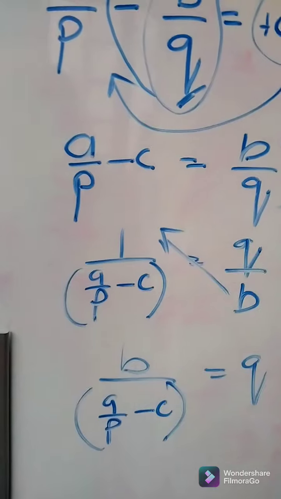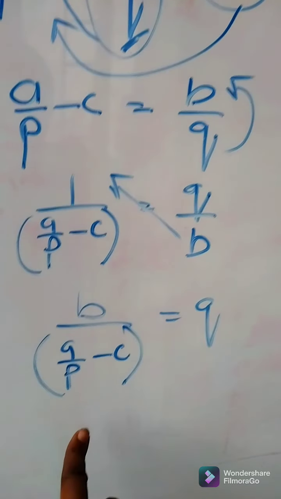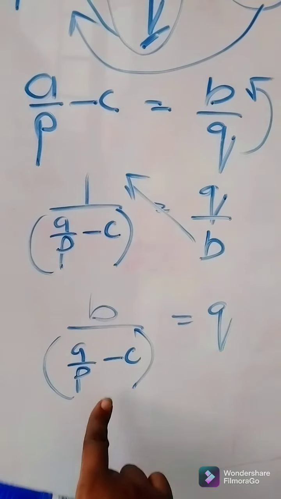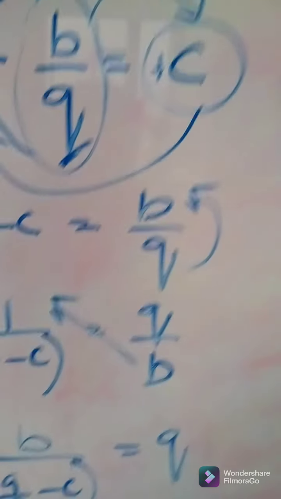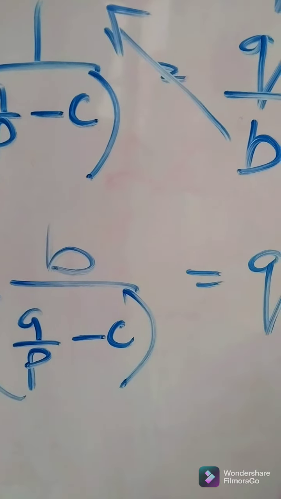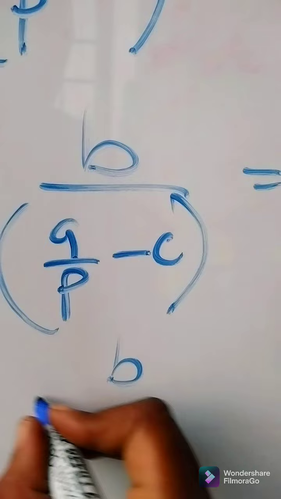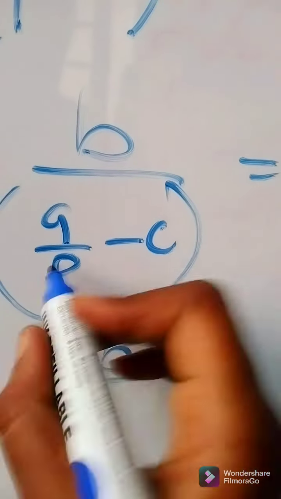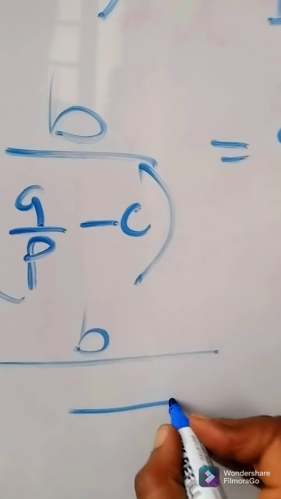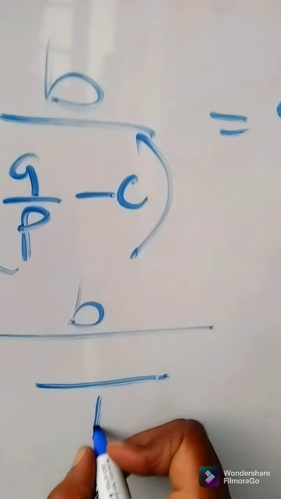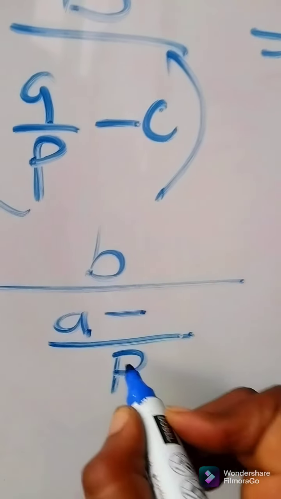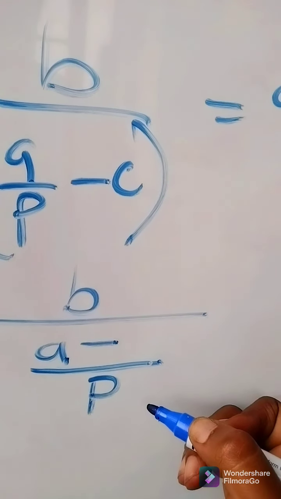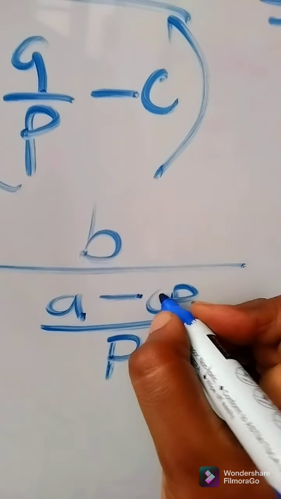But I'm not comfortable leaving this in this form, so I will simplify this before I get a final answer. So q equals b all over, and we're going to simplify this bracket. The LCM of this will be p. So p divided by p is 1 times a, giving us a, and p divided by 1 gives us p times c, minus cp.